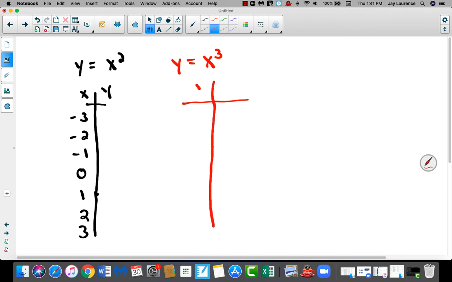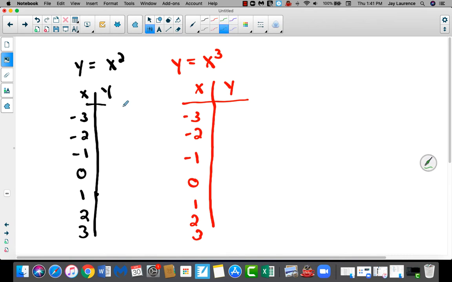And watch what happens to see if you can visualize, okay? Let me make it look like a -2. All right, -2, -1, 0, 1, 2, 3.